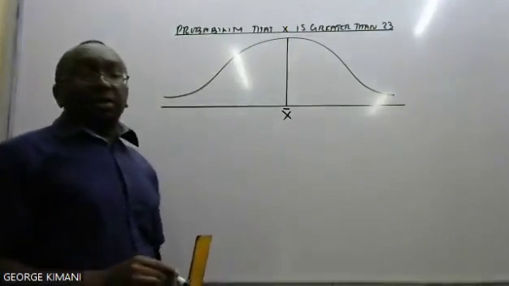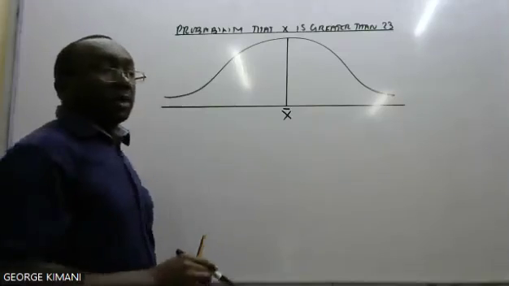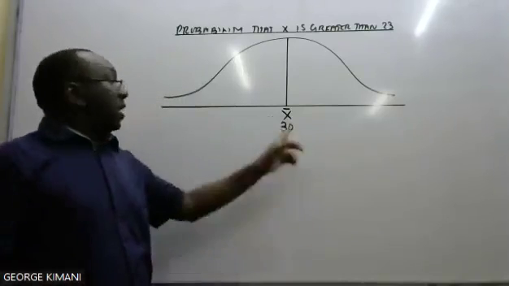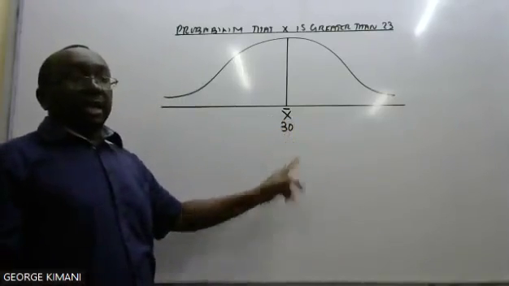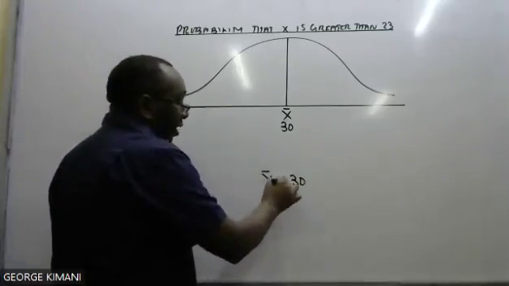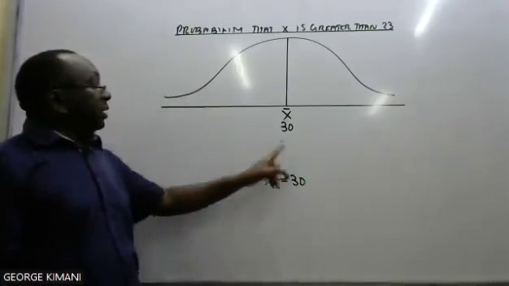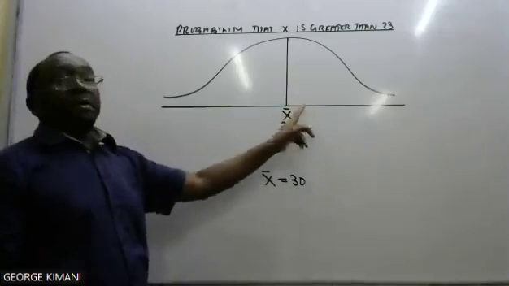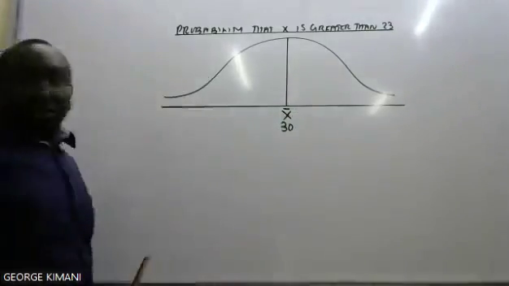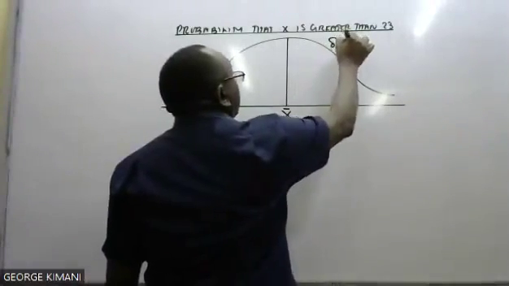We have been told that the data has a mean of what? 30. Make sure you are writing as I'm writing. You see x bar, I'm writing 30 below it. But if you want to write it on the side, you put x bar here and 30 here, then you connect them like that. Otherwise, someone will think x bar is here and 30 is here. Then we are told the standard deviation is 7.